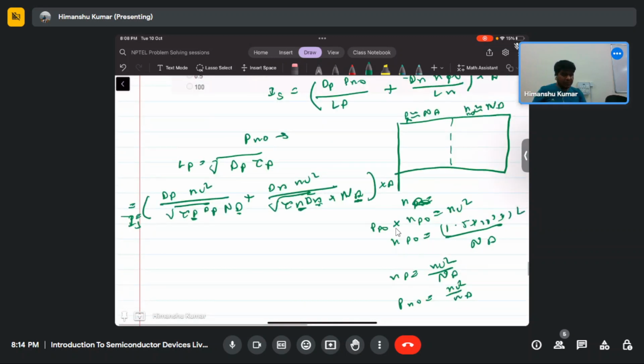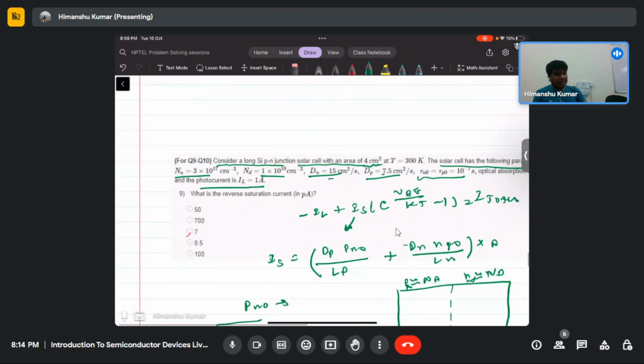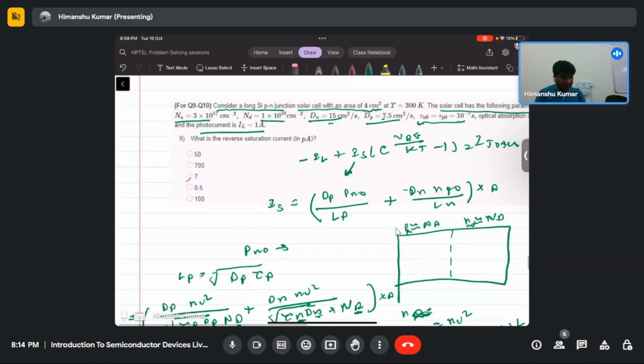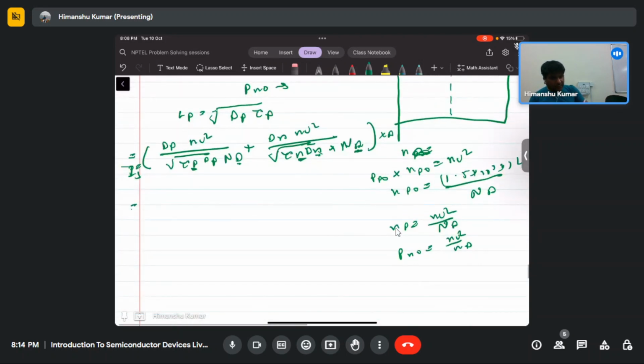Dp, Dn, tau n naught, tau p naught, all the values are given. You can put them in this equation and find the answer. If you simplify more, this becomes square root of Dp by tau p Ni square by Nd plus square root of Dn by tau n Ni square by Na, multiplied by area.